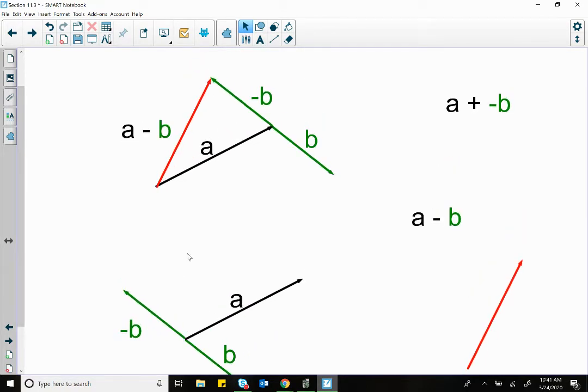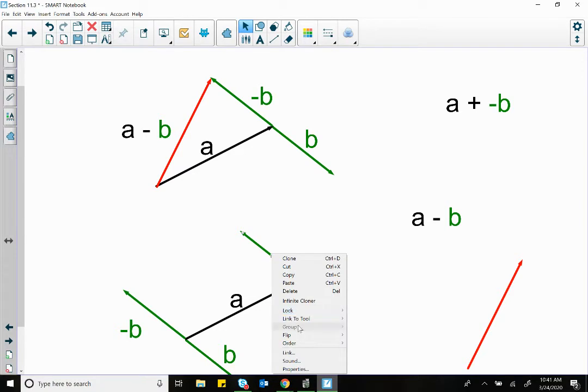And now all we have to do is draw in the rest of that parallelogram. Because remember, I said that the parallelogram really does exist. They think that this guy is there. Okay. And we'll make it dotted.